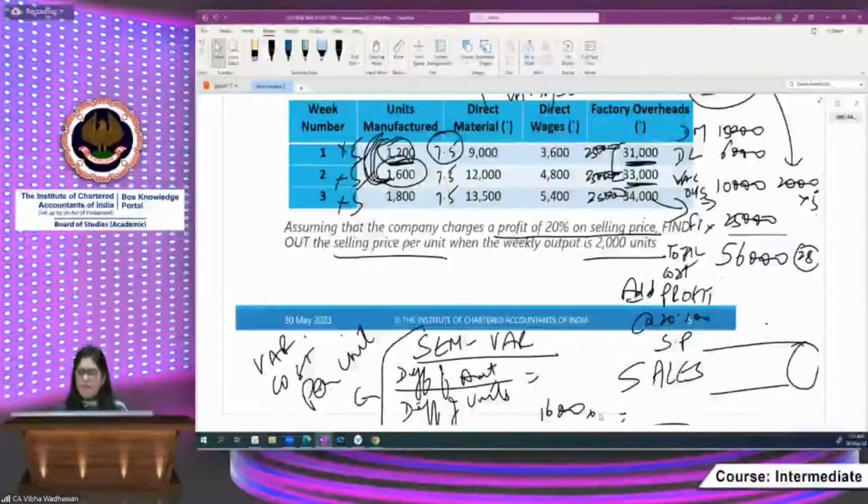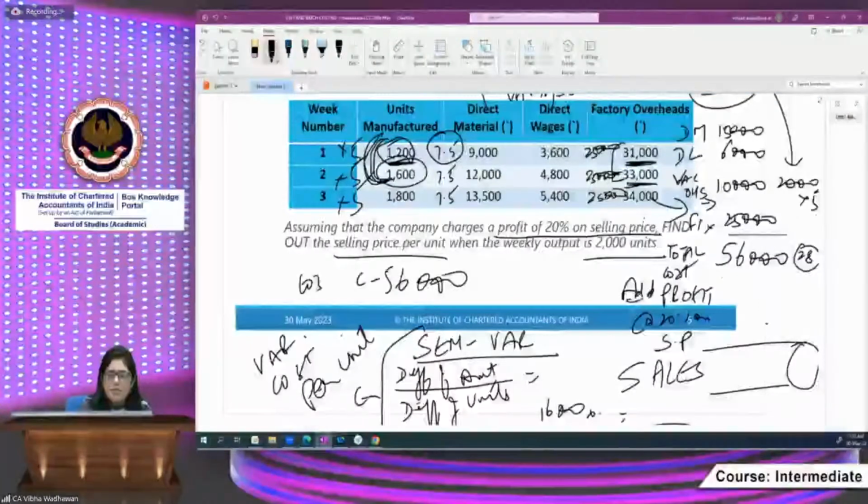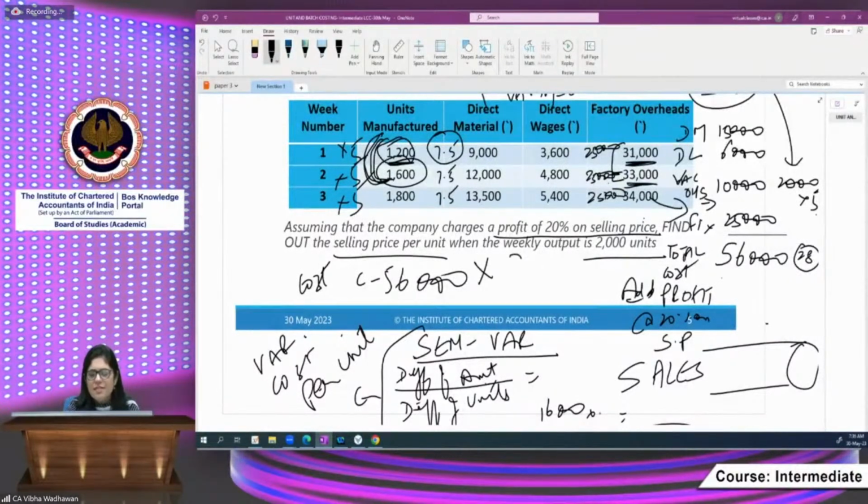So it has to be constant for any number of units. Okay, so profit comes to 14,000. Let us see how it comes. 56,000 is your cost. And you have to calculate profit on sale. So how do you calculate in such a scenario? 56,000 into 20 by 80. Because if 20% is profit, so 80% has to be cost.